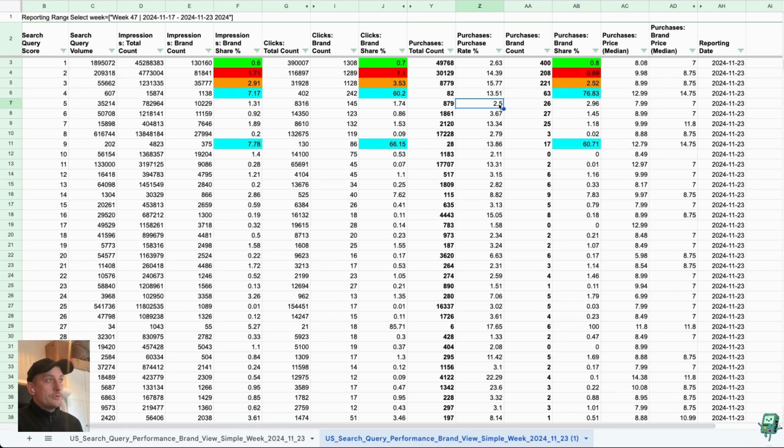So the first search they're doing is car vacuum. And then they do car vacuum handheld, car vacuum with battery, car vacuum USB, or whatever. So the first search is something more generic, and then you would see that on the purchase rate. So the purchase rate is low, indicates to you this is an entry term for the search.